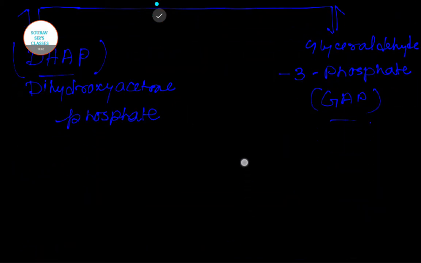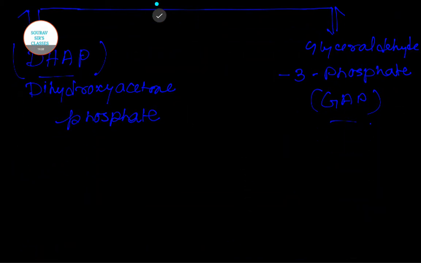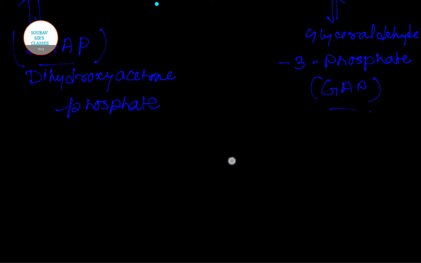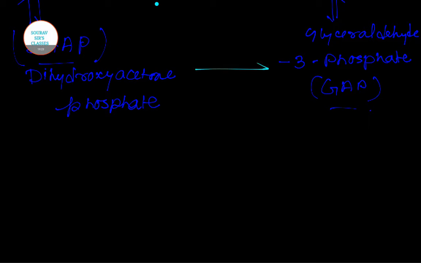So ultimately we have glyceraldehyde 3-phosphate and dihydroxyacetone phosphate. They can be interchanged between them by an enzyme, because this is also another isomerization reaction, triose phosphate isomerase.